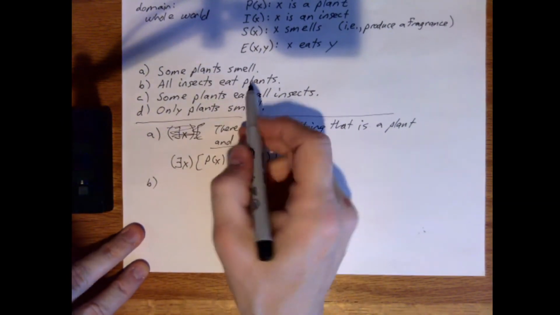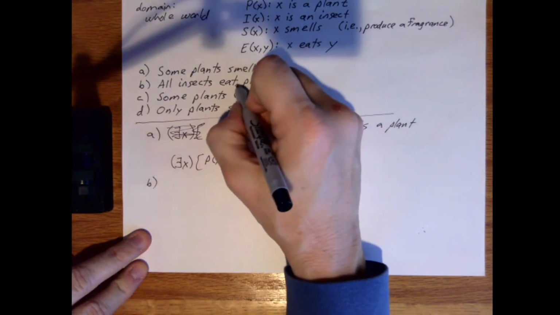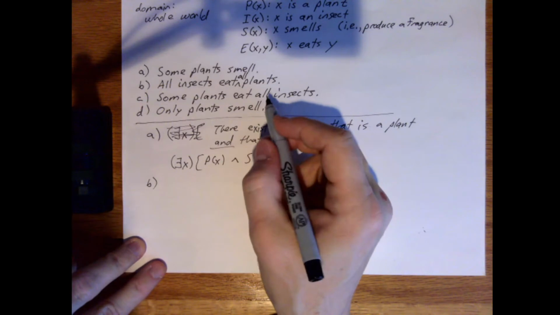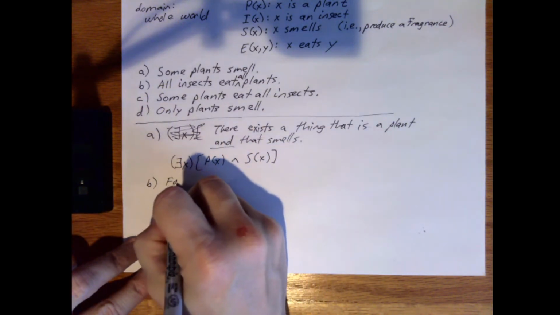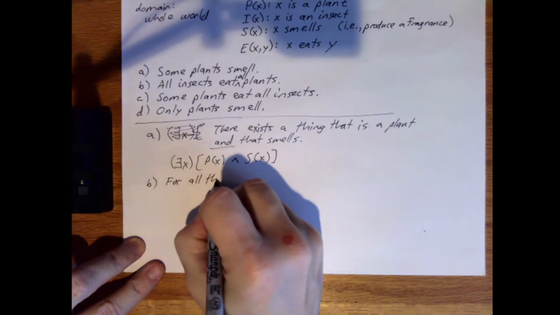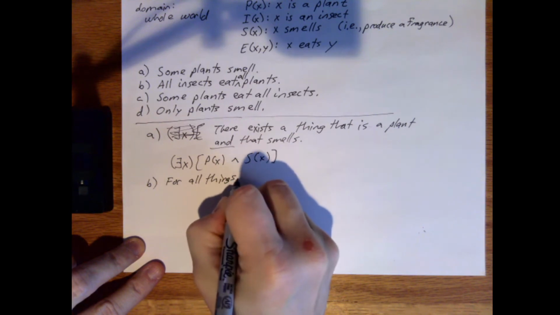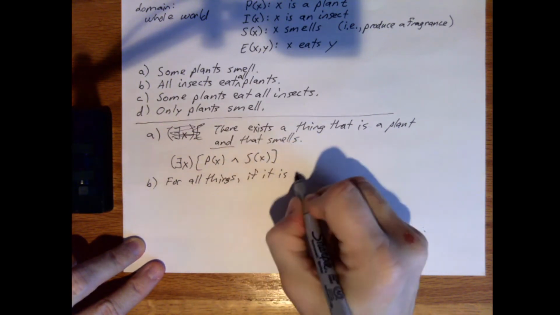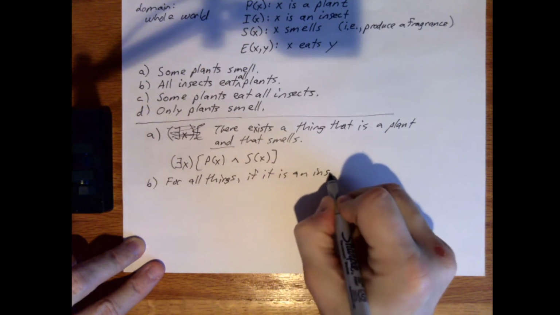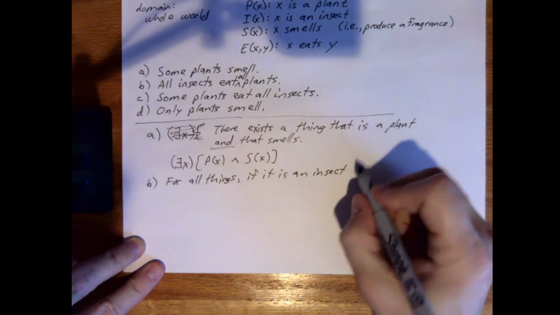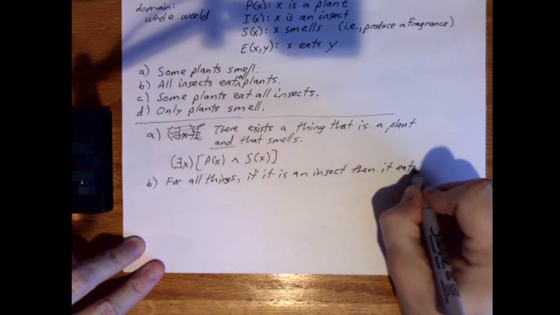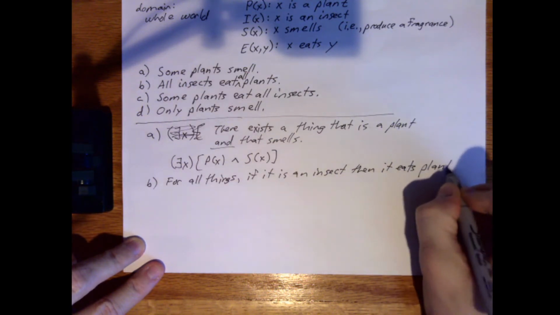All insects eat plants. And what's implied here is that this is also all for the plants. For all things, if it is an insect, then it eats plants.